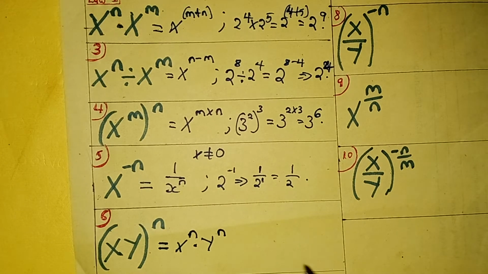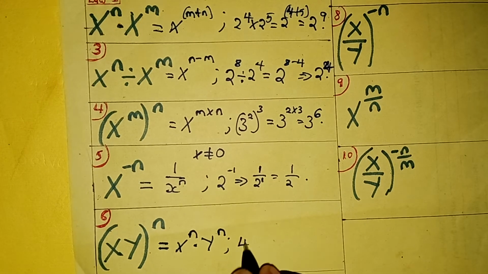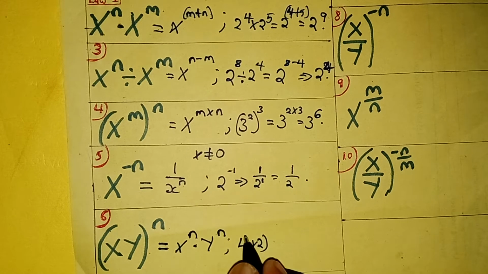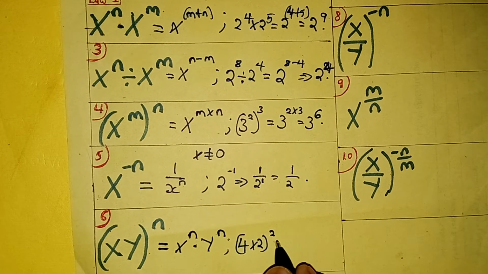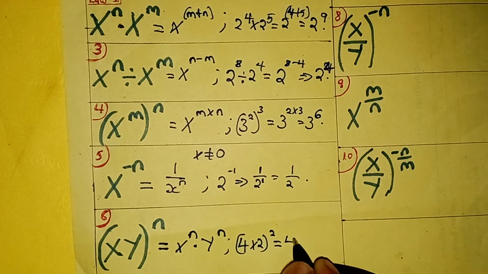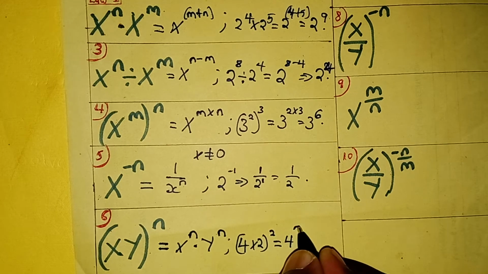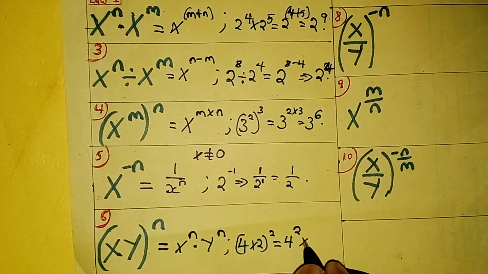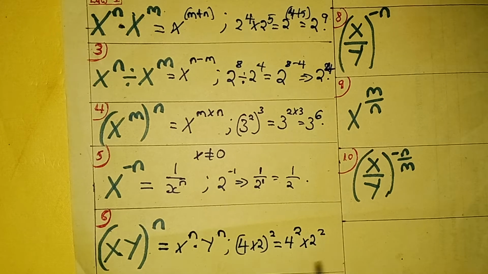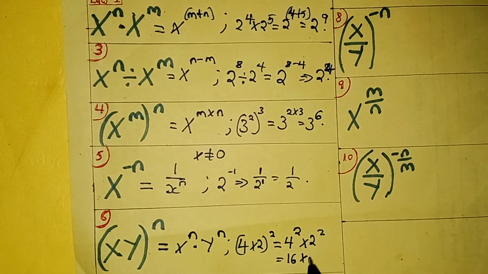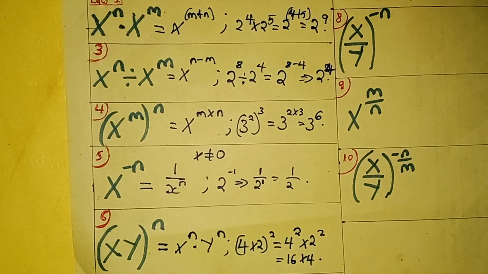Example, you can have 4 times 2, all raised to 2, which is the same as 4 power 2 times 2 power 2, which is 16 times 4.